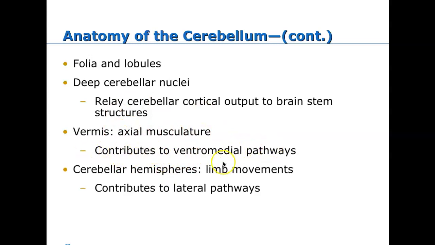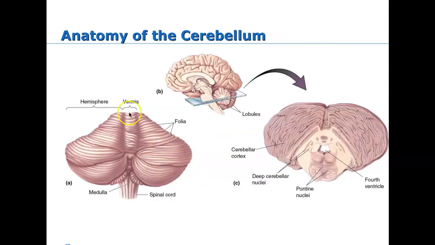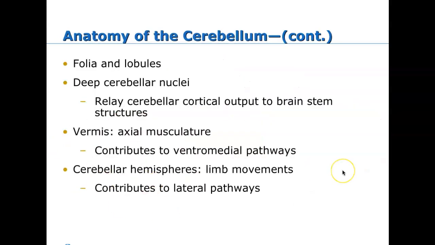So those will feed into the ventromedial pathways. And then the 2 hemispheres are going to contribute to the lateral pathways and control the movement of limbs, so the distal muscles.